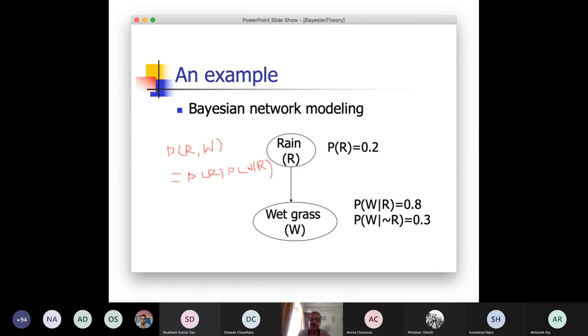Like, what is the probability of R and not W?